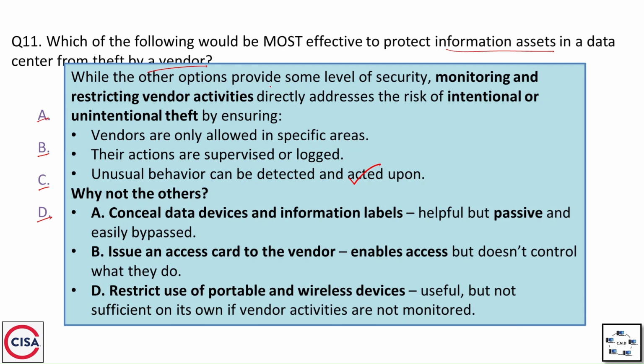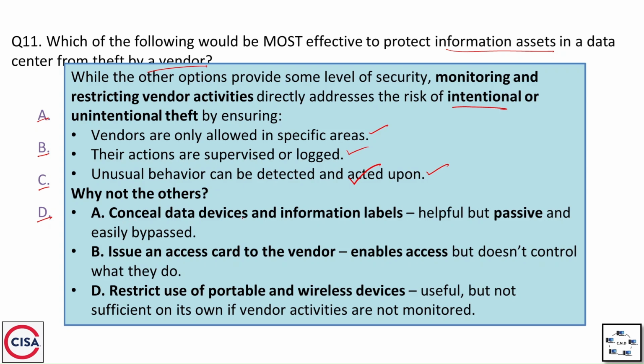So while other options provide some level of security, monitoring and restricting vendor activities directly address the risk of intentional or unintentional theft by ensuring vendors are only allowed in specific areas, their actions are supervised or logged, and unusual behavior can be detected and acted upon. Why not others?